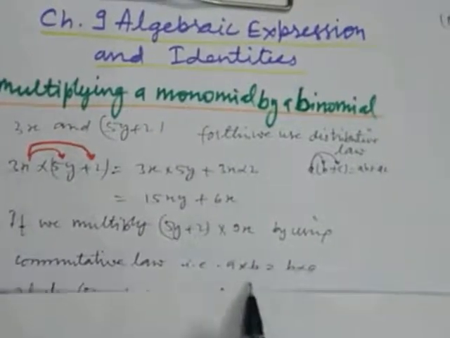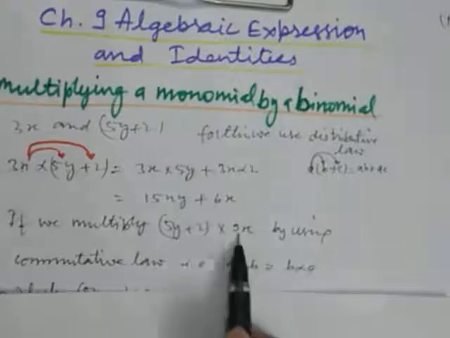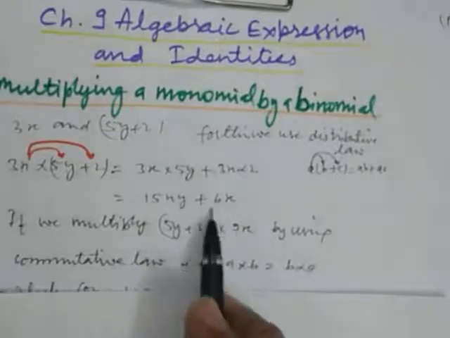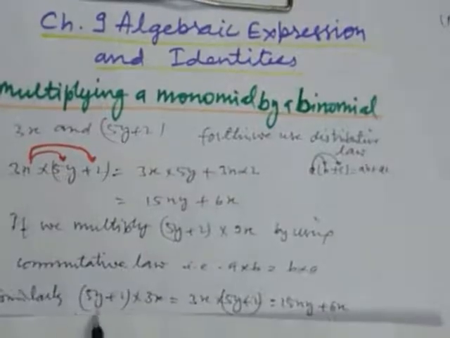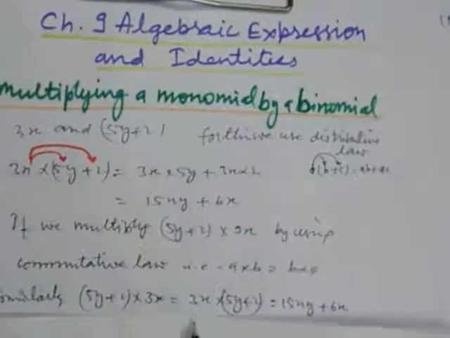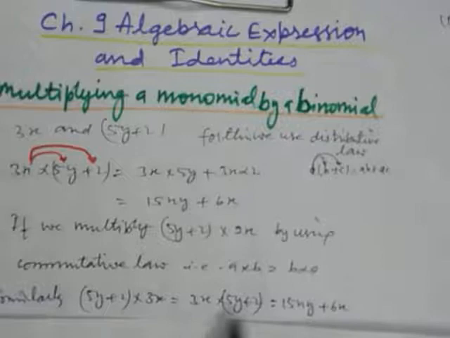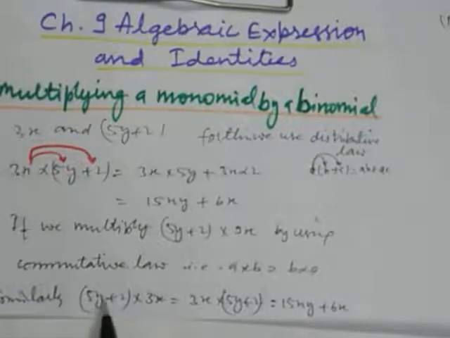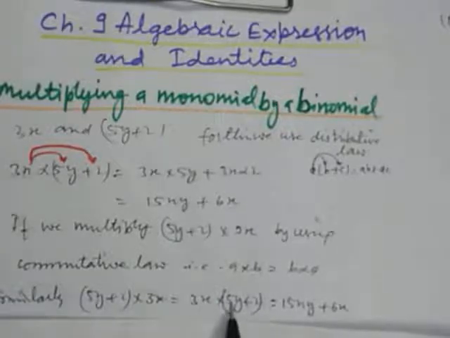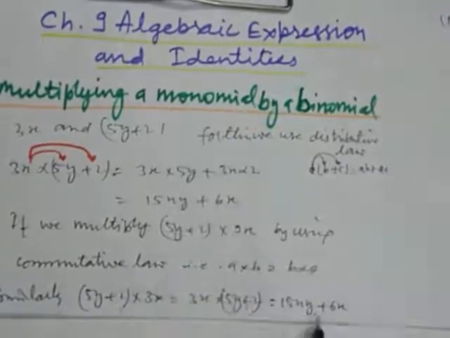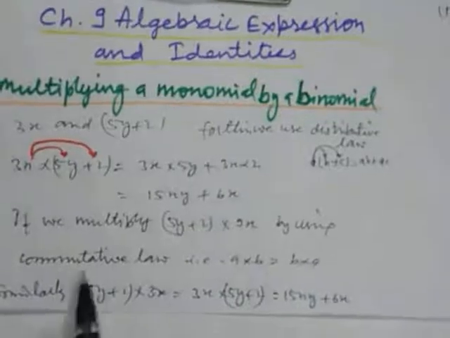So we use the commutative law and we can put this result because this and this are the same. Similarly, this and this equals this and this. That is, feel that this is b plus c and this is a, and here this is a and this is b plus c, the one and the same thing. So we put this here. This is the law of commutativity.